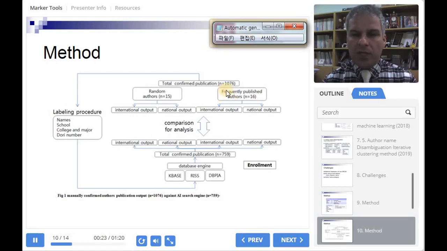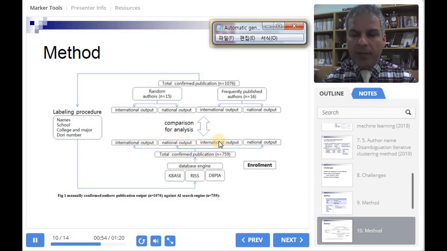Non-random authors were picked among those authors that have frequently published articles, and we used international output and national output both together because the 3 databases we use, KMbase, RISS, and DBpia, had international and national outputs mixed together.